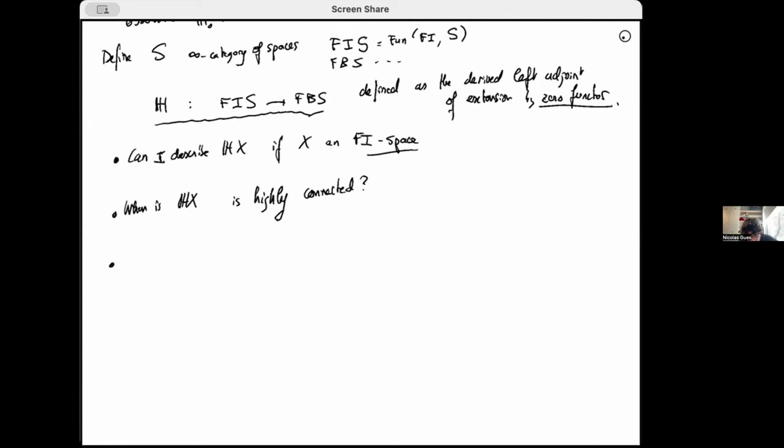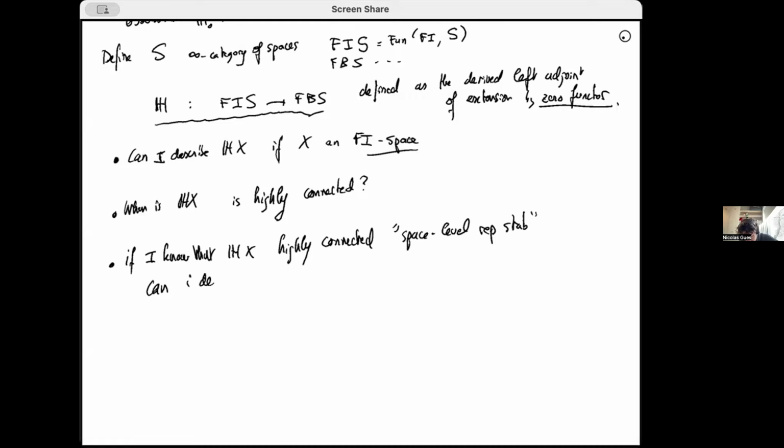And so most importantly, if I know that H of X is highly connected, so this would be some sort of space level representation stability, can I deduce that this is the case for its invariant?